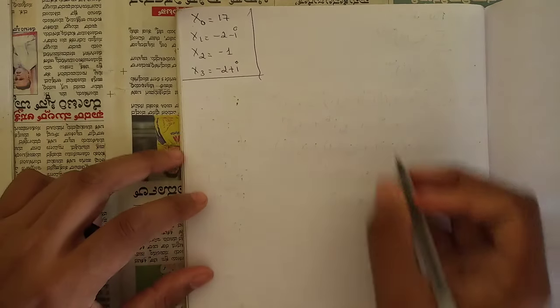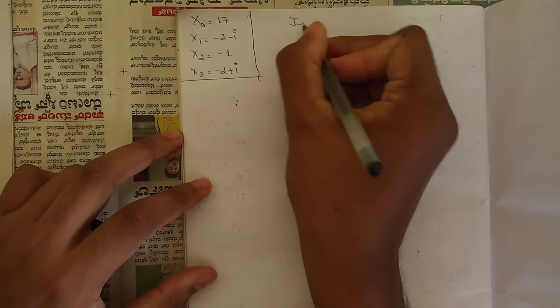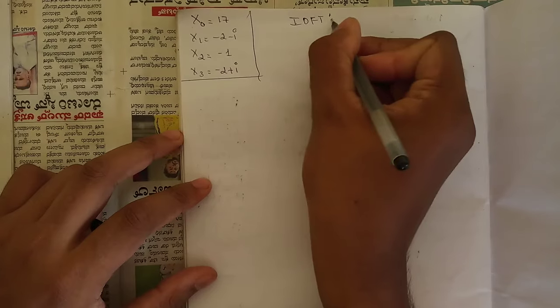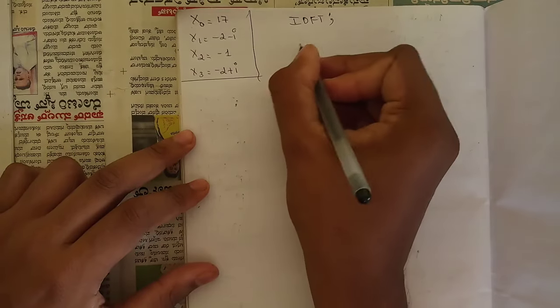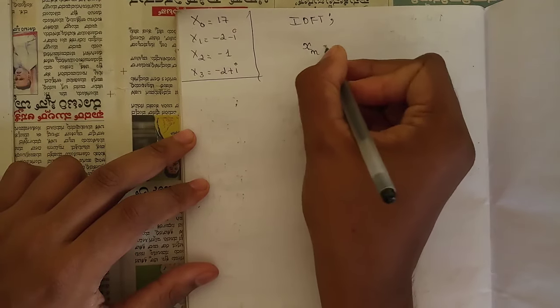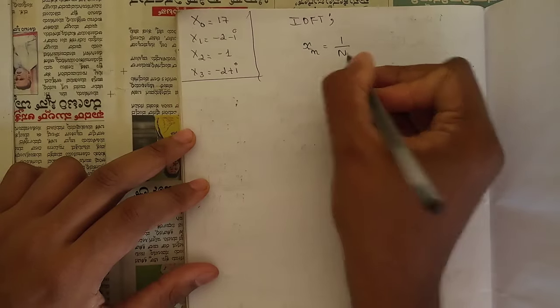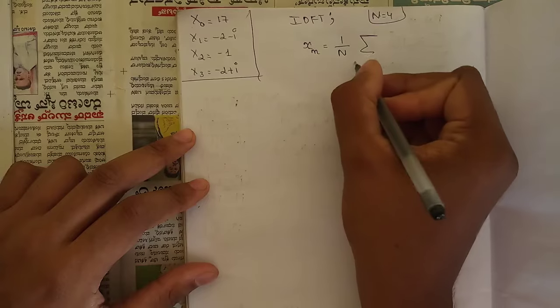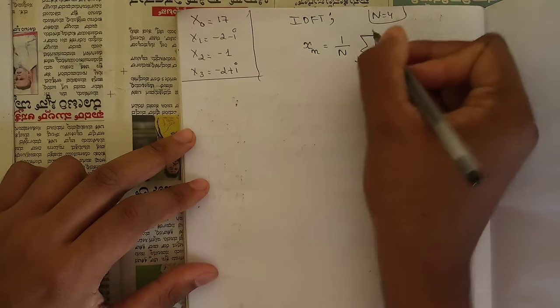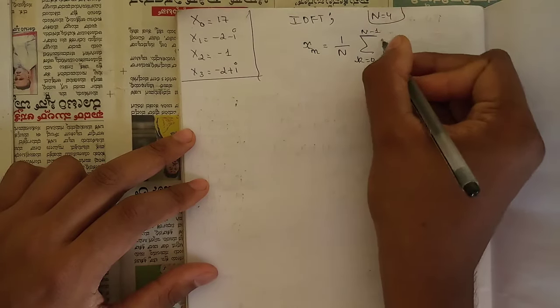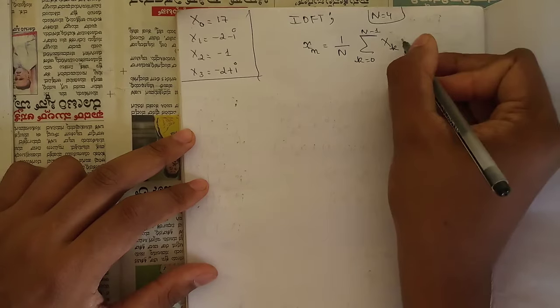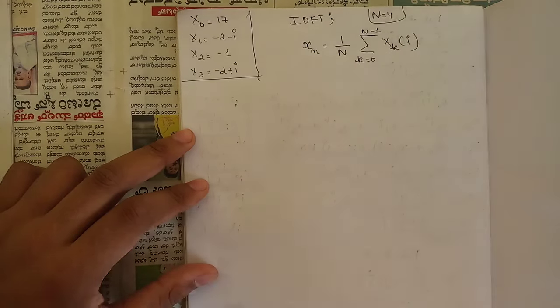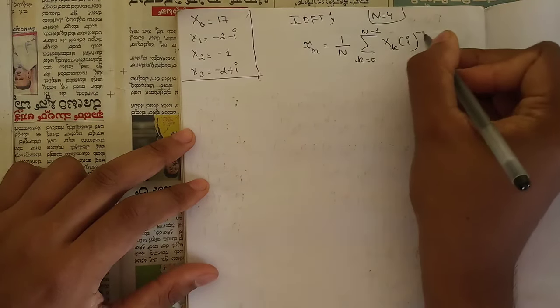To find the inverse discrete Fourier transform, the formula given is small xn equals 1 by N, where the value of N here is 4, summation of k from 0 to N minus 1, capital Xk, where the value of omega is i to the power minus nk.